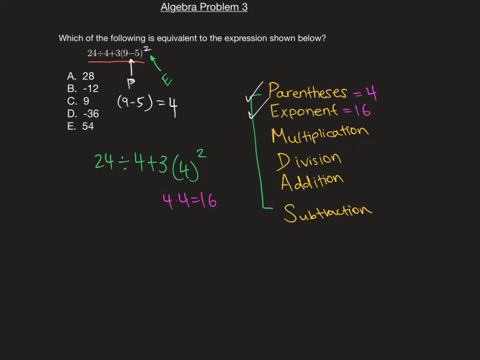Now let's write, once again, our new equation. You've got 24 divided by 4 plus 3 times what we found earlier with the exponent in the parentheses. Now it's 16. Notice how we've gotten rid of the exponent because we just used it. Now, what's our next step? Next, we have multiplication. Is there any multiplication in this problem?